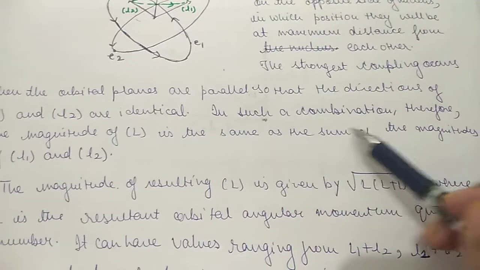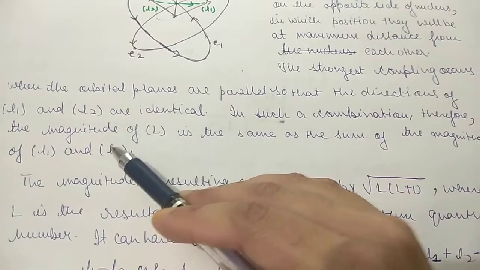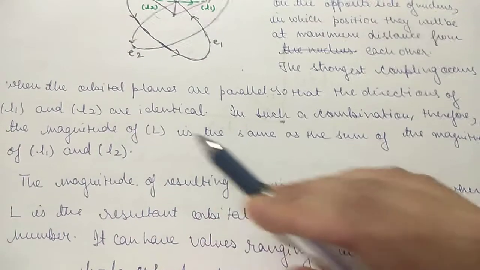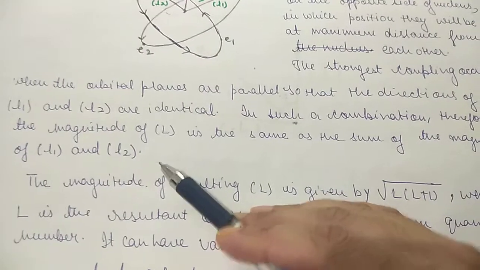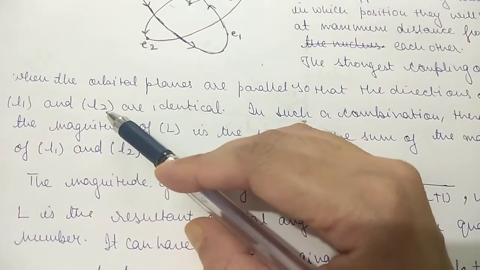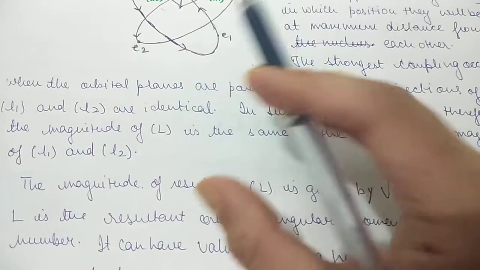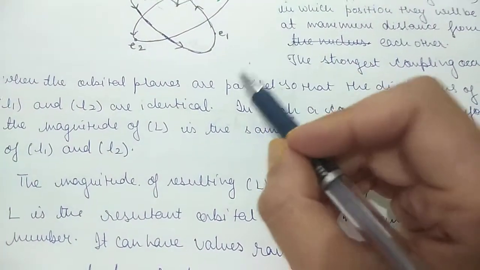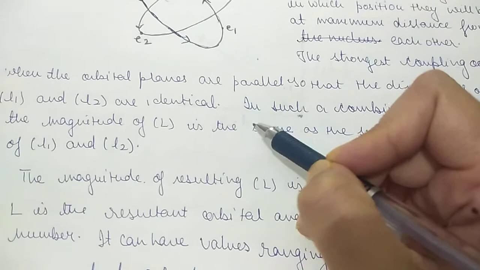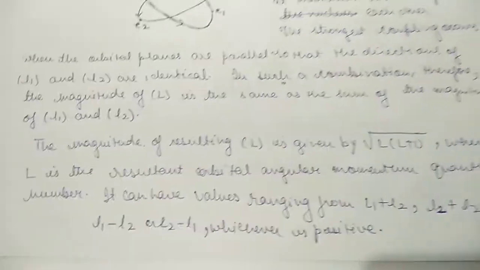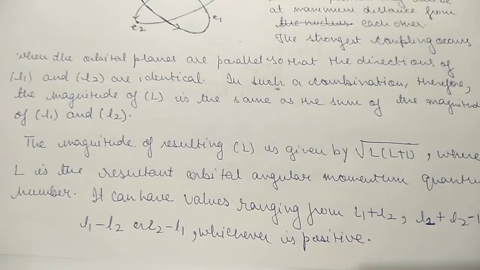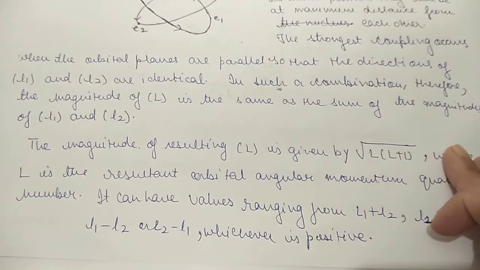In such a combination, the magnitude of L is the same as the sum of the magnitudes of L1 and L2. When L1 and L2 are parallel to each other, the magnitude of the resultant vector is given by the sum of L1 and L2. So this will be the maximum value of orbital angular momentum.